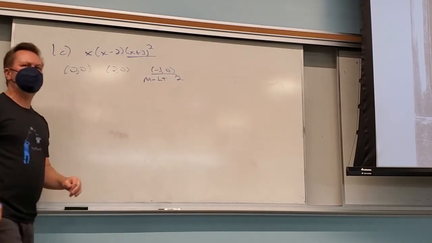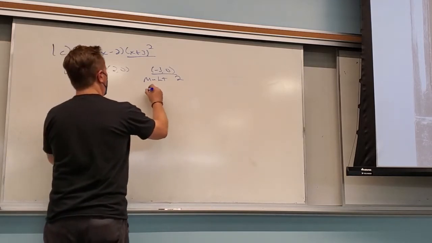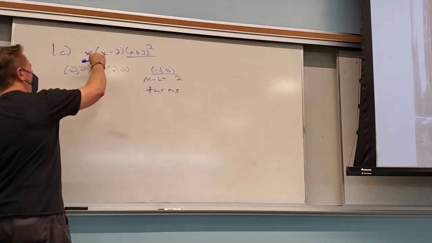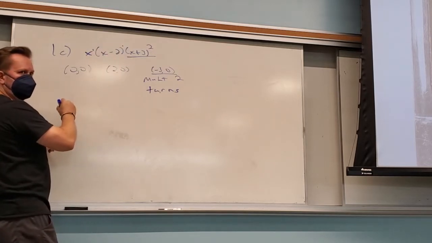Which means what's it going to do at negative 3, 0? Is it going to go through or is it going to turn? It's going to turn. It's going to do like a parabola would. What's the multiplicity of each of these? 1, right? It's odd.